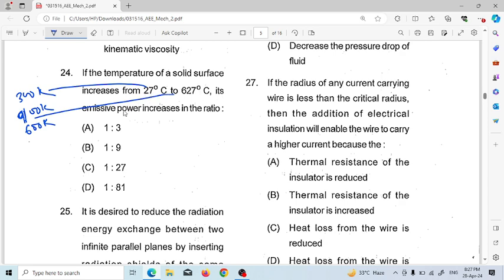Okay, then emissive power increases in the ratio of. So emissive power is equal to sigma temperature power 4.